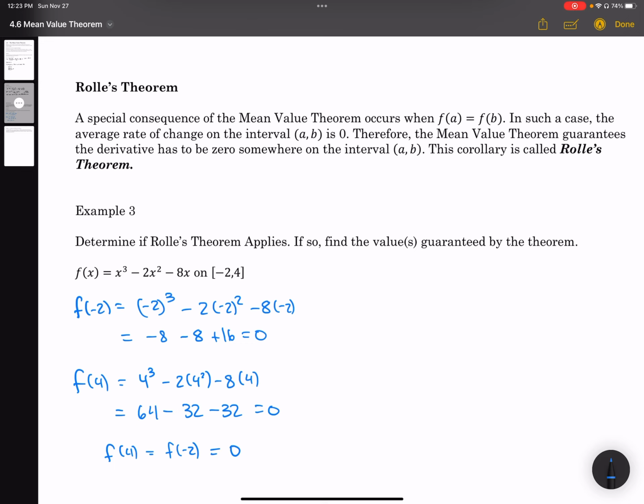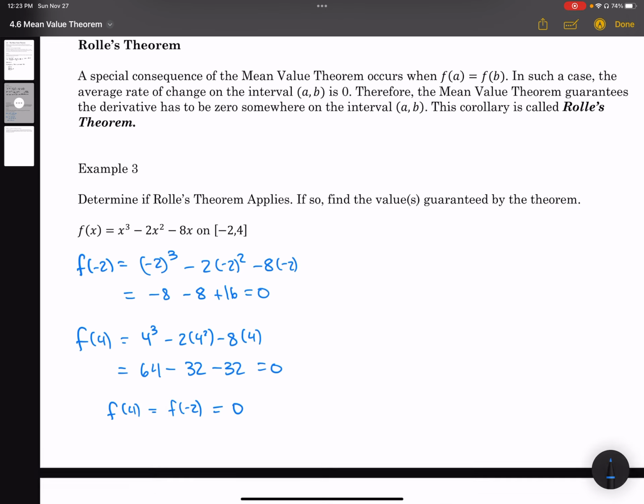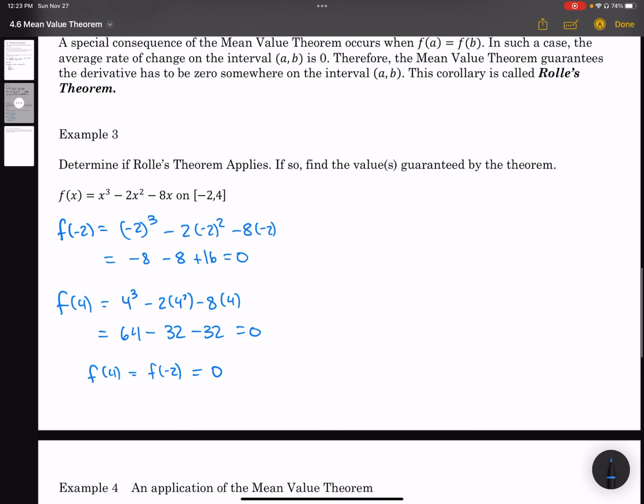Just so we're clear, the endpoint values don't have to be 0. They have to be the same value. So if we got both of these to be 8, Rolle's theorem would still apply. It's just a coincidence that we actually got 0. So here we would say, yes, Rolle's theorem applies.